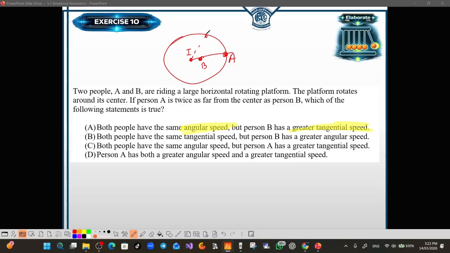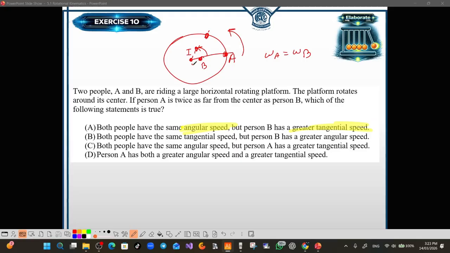At any point, they will be standing on the same line because there is no relative motion between the two people and the rotating disk. Because of the rotation of the disk, the two people will rotate covering the same angle, which means they will have the same angular velocity always and forever. So omega A is equal to omega B.